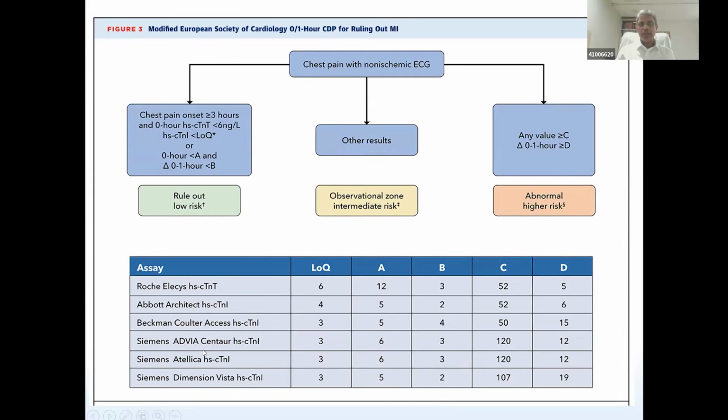If you are using another platform, then you have to use different criteria. So there is no single criteria for all cardiac troponin Is and all cardiac troponin Ts. It depends on the platform, the Roche, Abbott, Beckman, Siemens. So which machine you are using, you have to use the cutoffs according to that machine. So this is another complexity of using the 0, 1 and 0, 2 hour protocols.